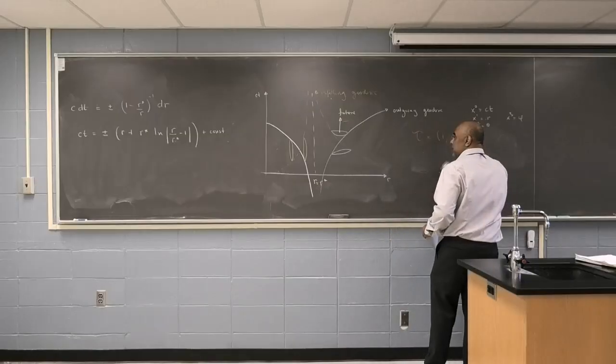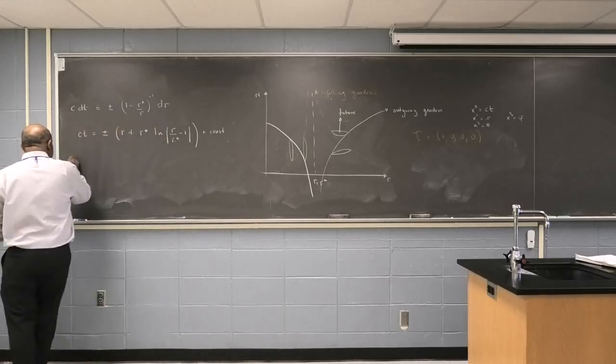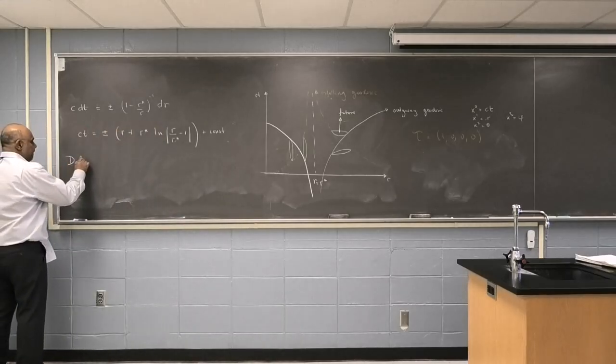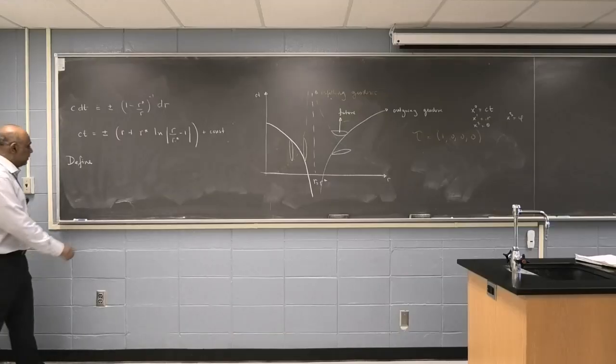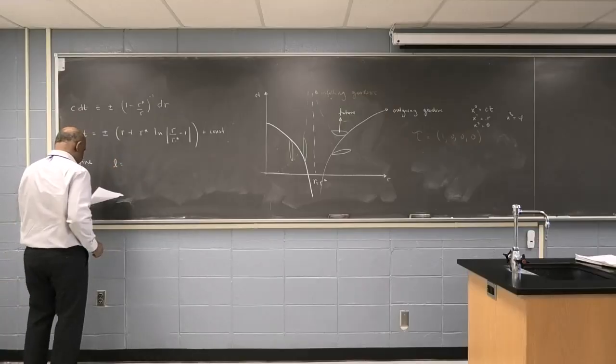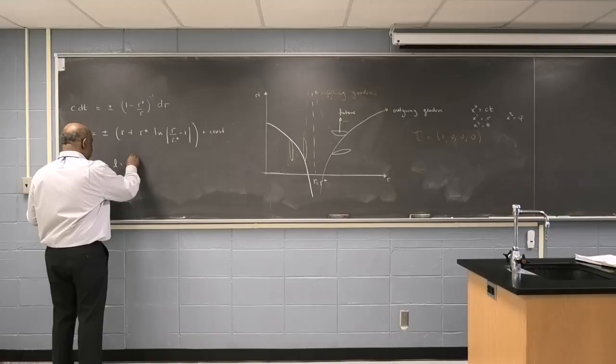Okay, so now I'm going to define two vector fields that are very important to our analysis of the geometry of Schwarzschild spacetime. I'm going to define vector field N, and you can see where the definition comes from. It's not complicated.